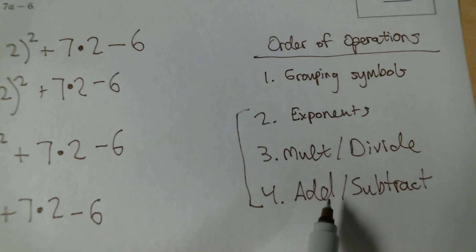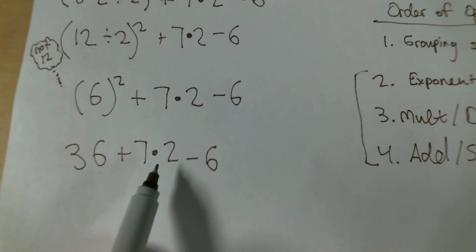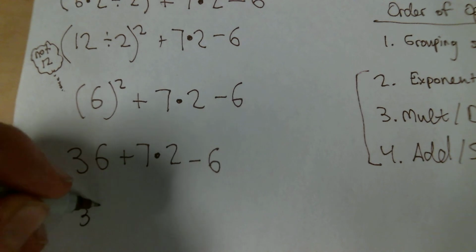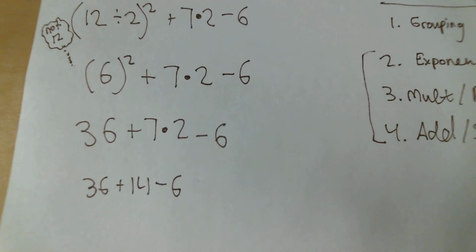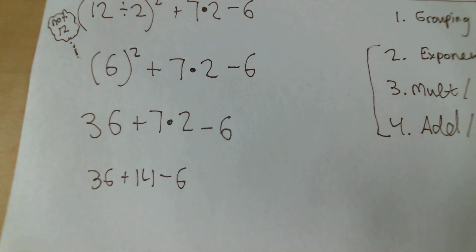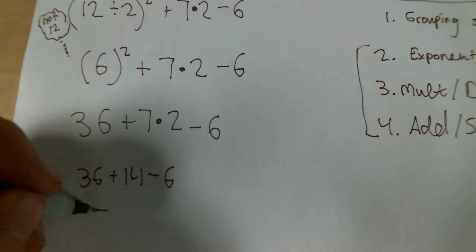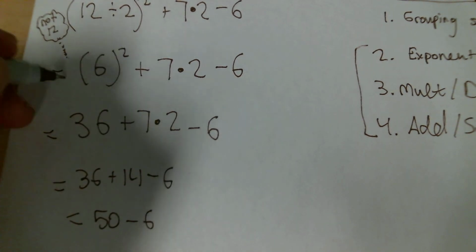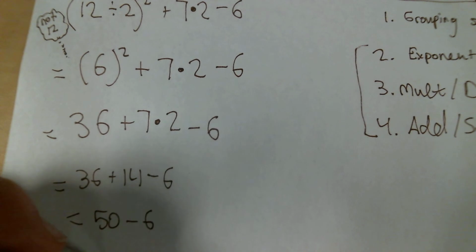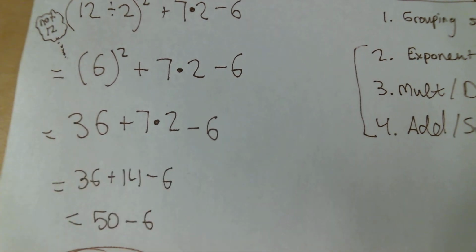If I have multiplication, addition, subtraction, multiplication is the most powerful. 7 times 2, 14. Now we're on the home stretch. All I got to do is add this, then subtract, and I'm done. So 36 and 14, I think that's 50. Take away 6. I should end up with 44. So there's my answer.